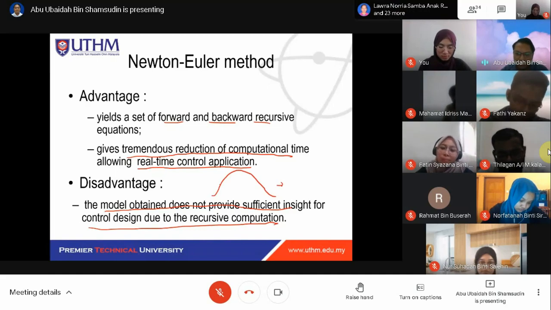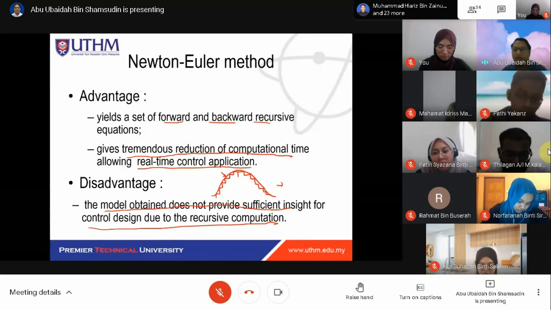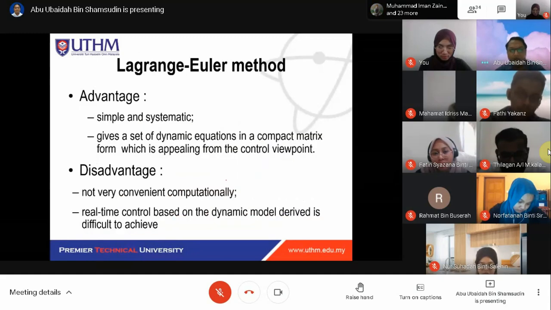So if we change to digital, it will become like this. Because of that, we have some loss of data on this part. So this is the disadvantage of Newton-Euler.